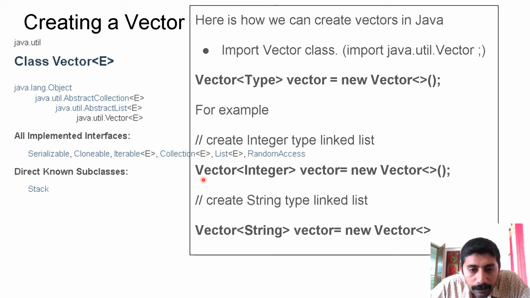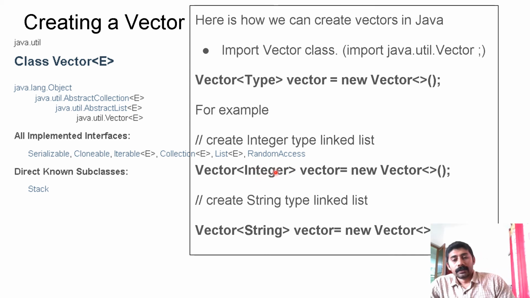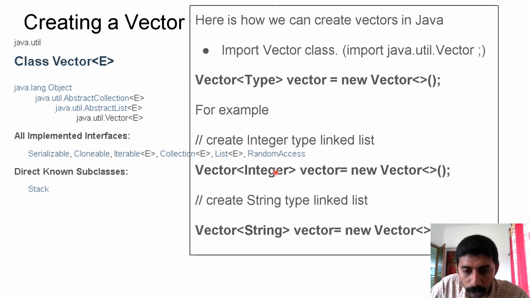Now let us see one example. Vector, what type? Integer. Here I am giving the wrapper class, so it will be storing Integer objects. Vector name, new Vector, angle brackets opening and closing, then the parentheses.